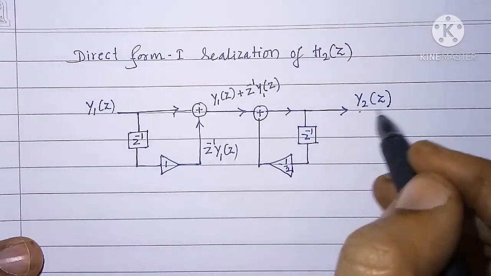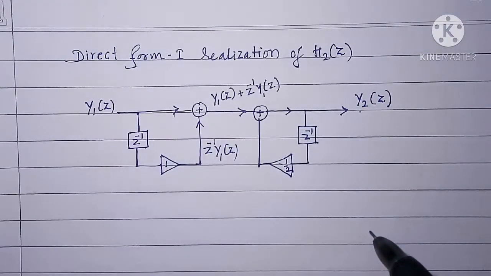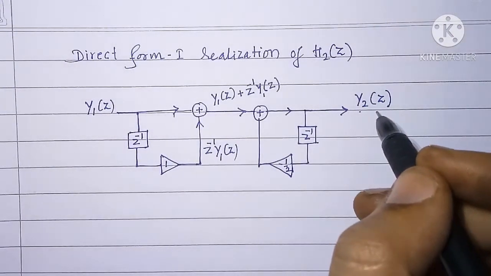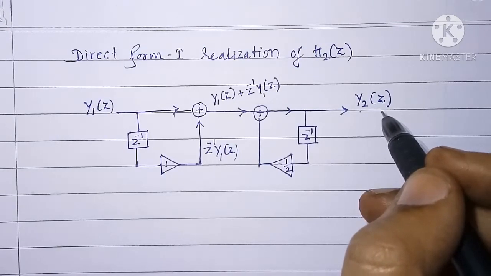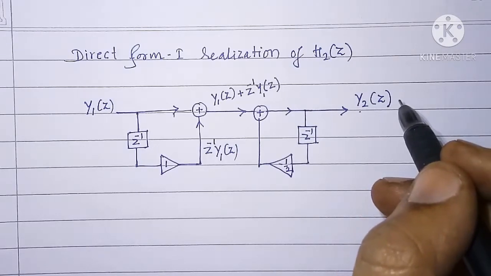Now you get here y2 of z. Now this y2 of z is input to the third system, that is h3 of z.